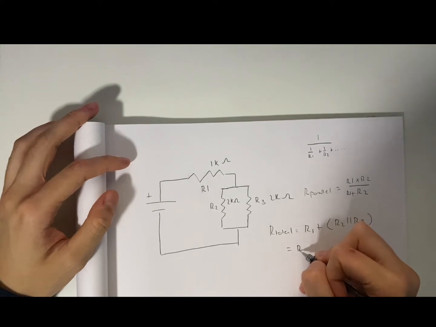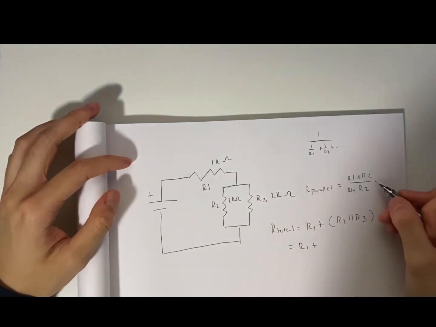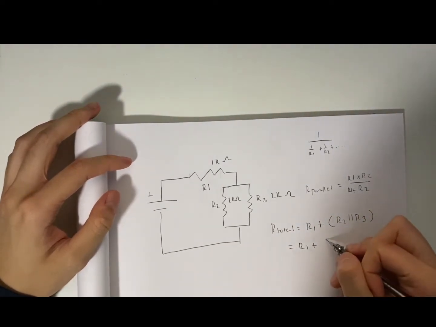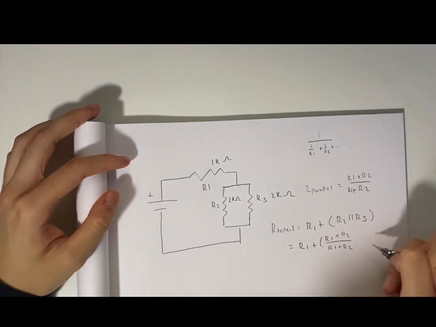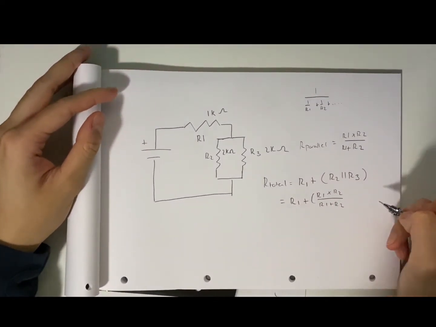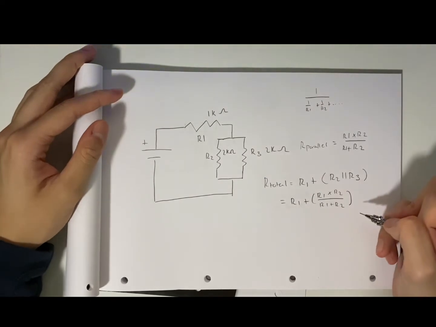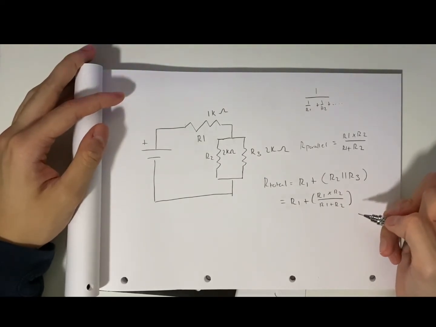That will give us R1 plus, since we have 2 parallel resistors, we can use that. Just move that up a bit.